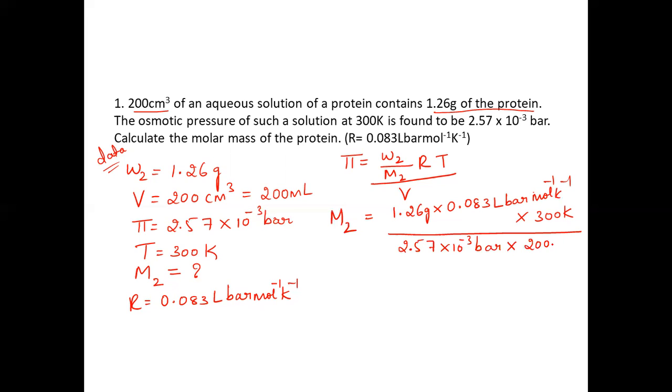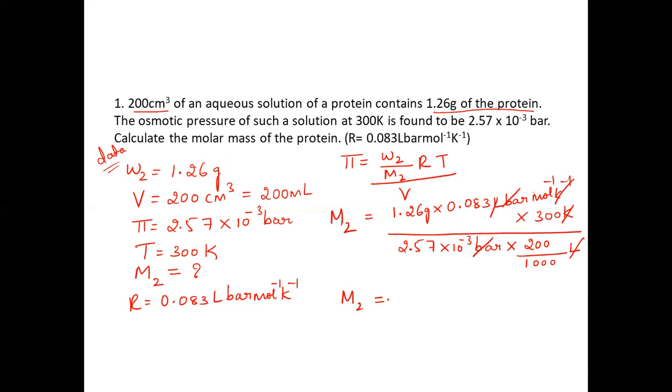It has to be converted into liter, therefore divide it by 1000, then ml will become liter. Here bar got cancelled, liter and liter, Kelvin per Kelvin. Only grams per mole is remaining. That unit you need to write with the answer.